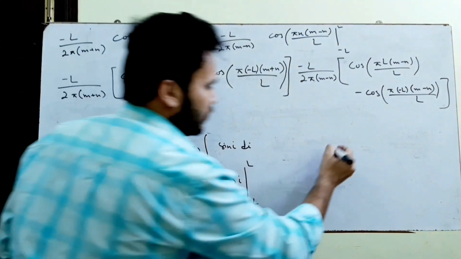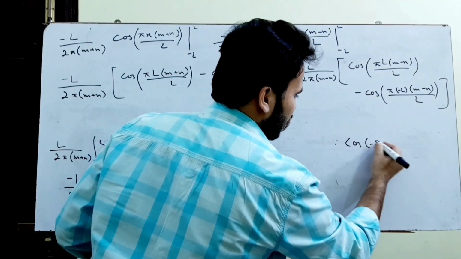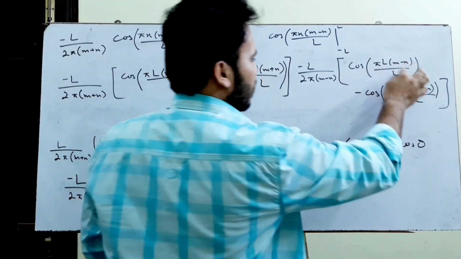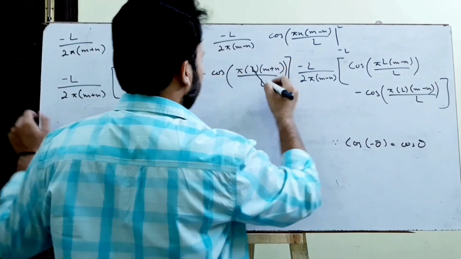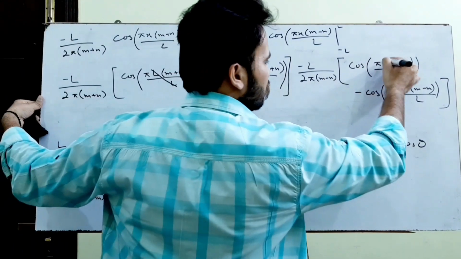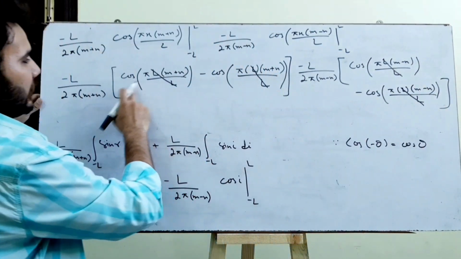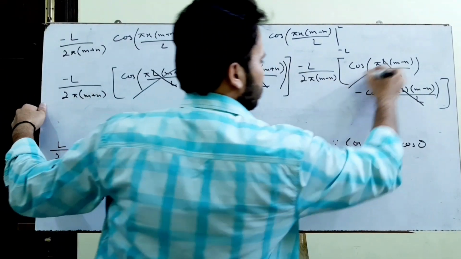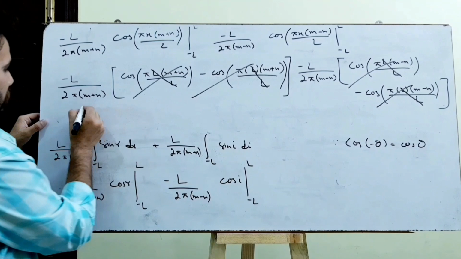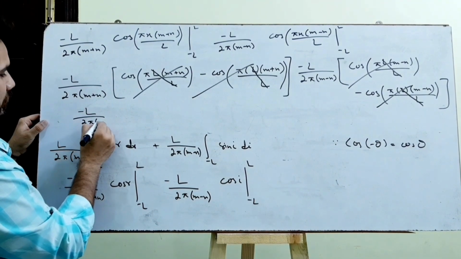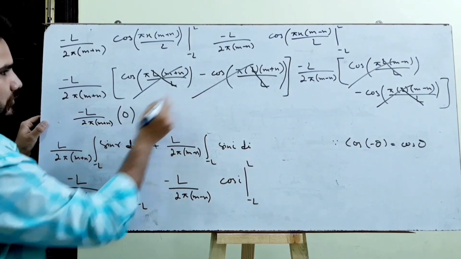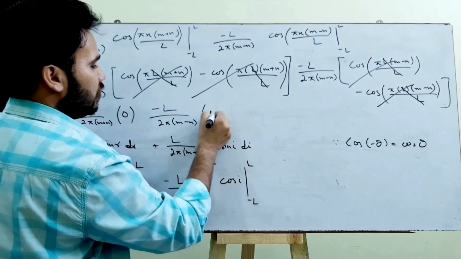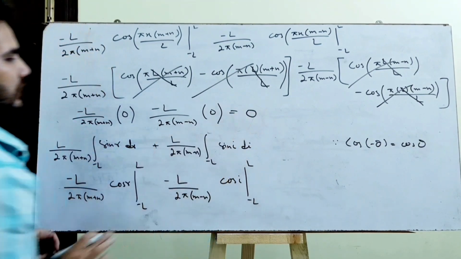We know that cosine of minus theta equals cosine theta. So this is cosine pi (m plus n), this is negative cosine pi (m plus n), so they cancel. So we have negative L over 2 pi (m plus n) times 0, and the same here, negative L over 2 pi (m minus n) times 0. So the total result is 0.